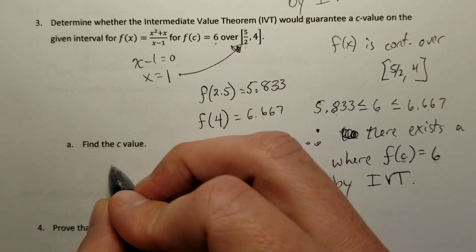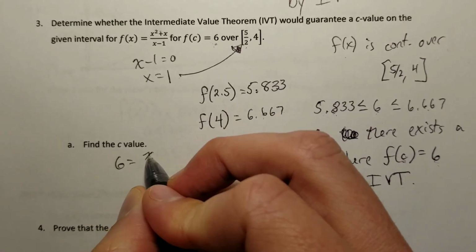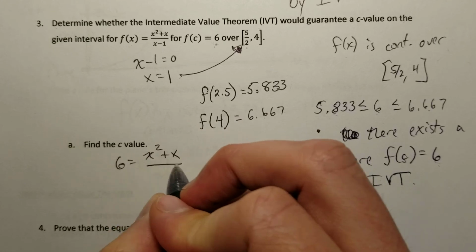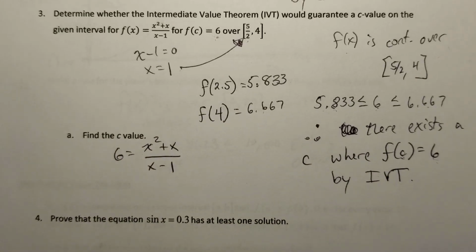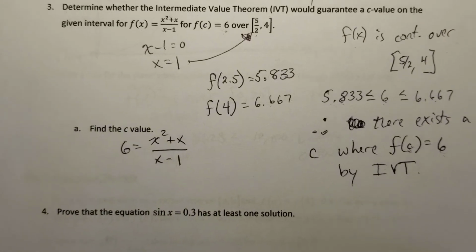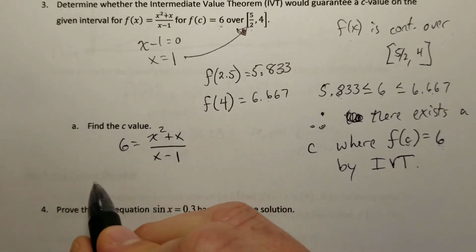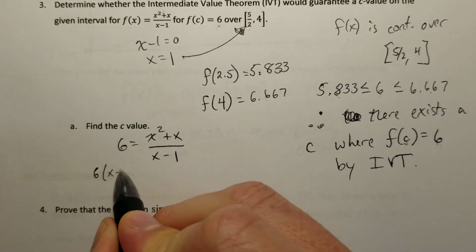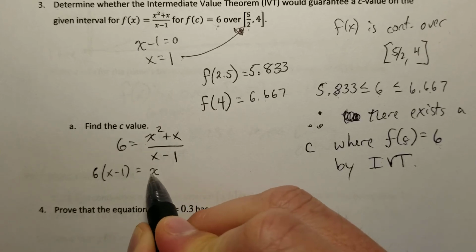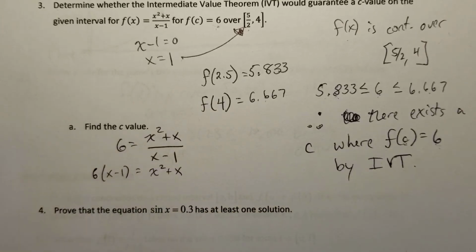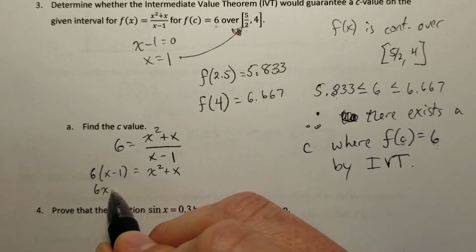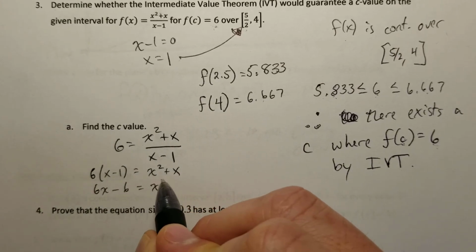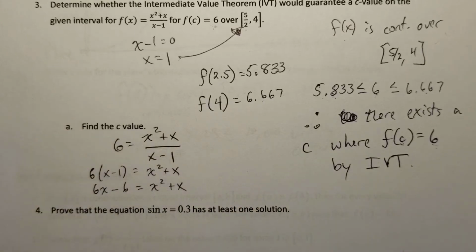So 6 is going to equal x squared plus x over x minus 1. And now we get to go back to algebra class. Multiply by x minus 1. So 6 times x minus 1 equals x squared plus x. Distribution gives 6x minus 6 equals x squared plus x.